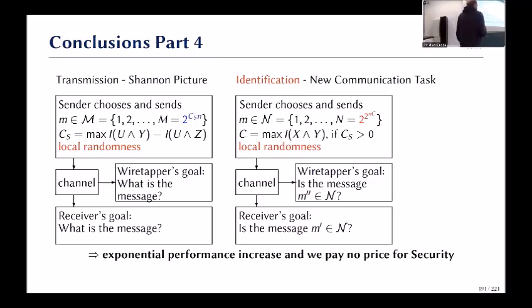The sender chooses something, we have local randomness, and we have this nice formula, for the deterministic case, if the secrecy capacity is bigger than 0. So the goals are really: what is the message, the wiretapper's goal, ask for a message, the receiver's goal. So we get exponential performance increase, and somehow we pay no price capacity-wise for security.